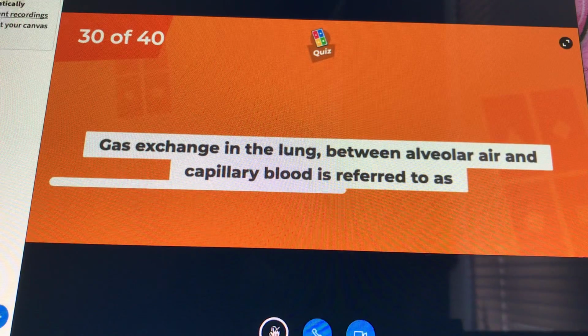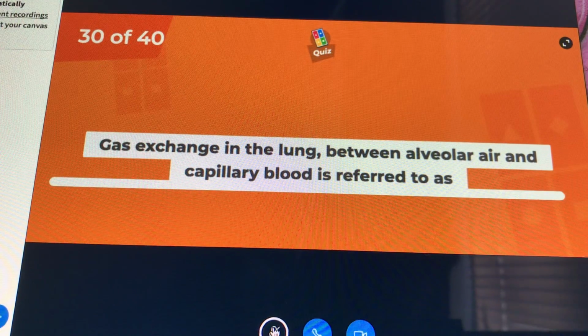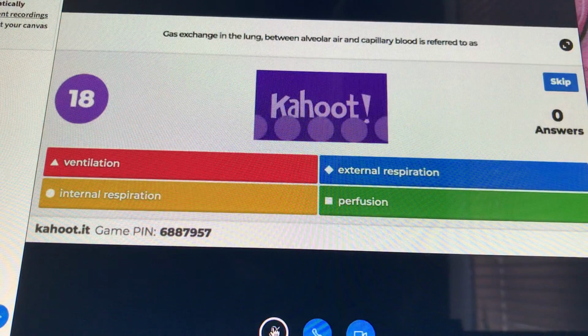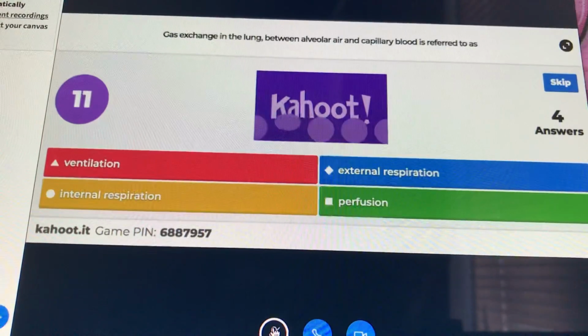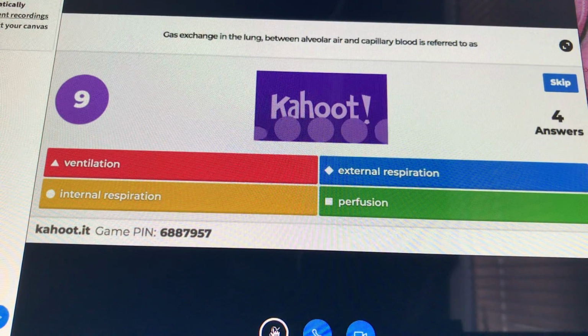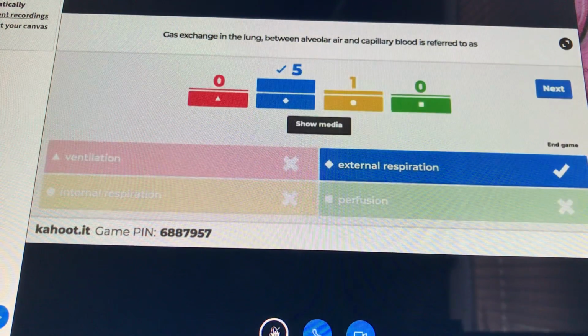Gas exchange in the lung between the alveolar air and the capillary blood is external respiration.